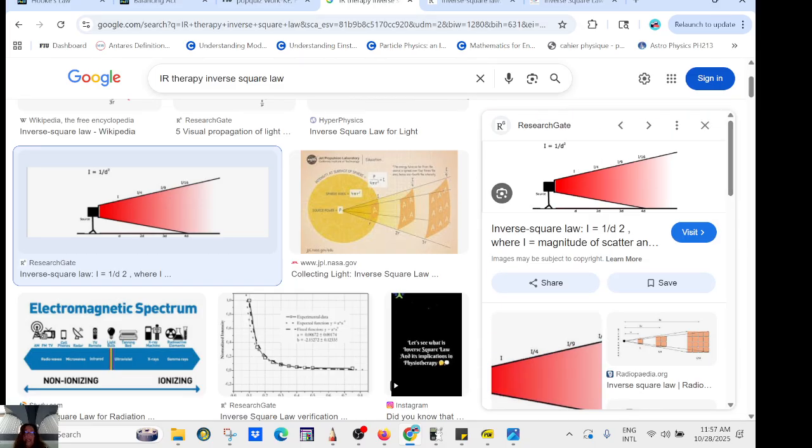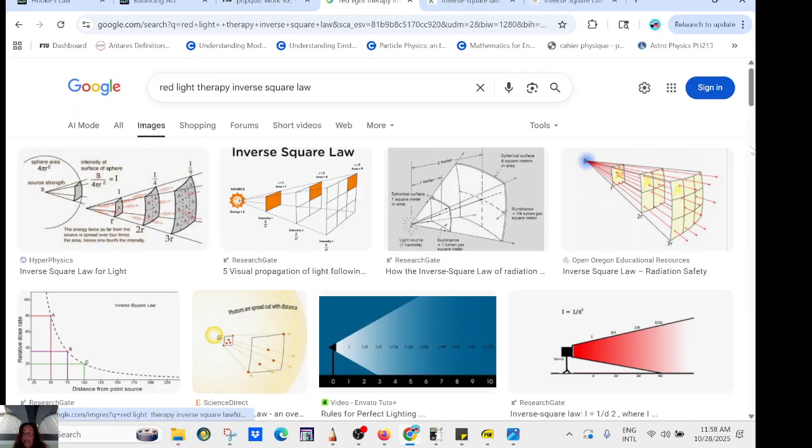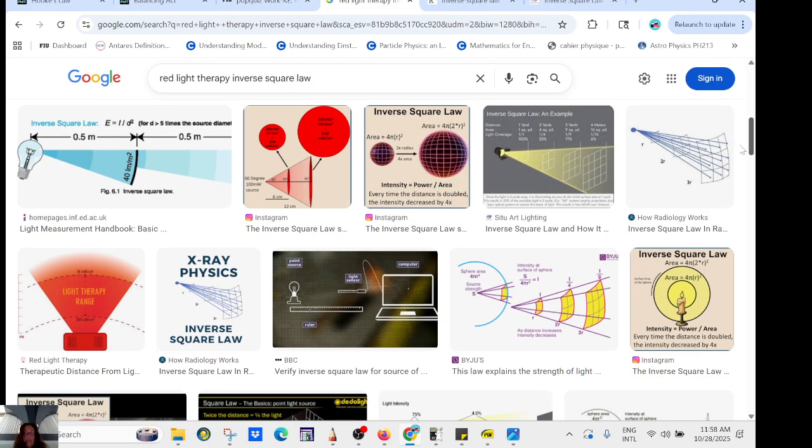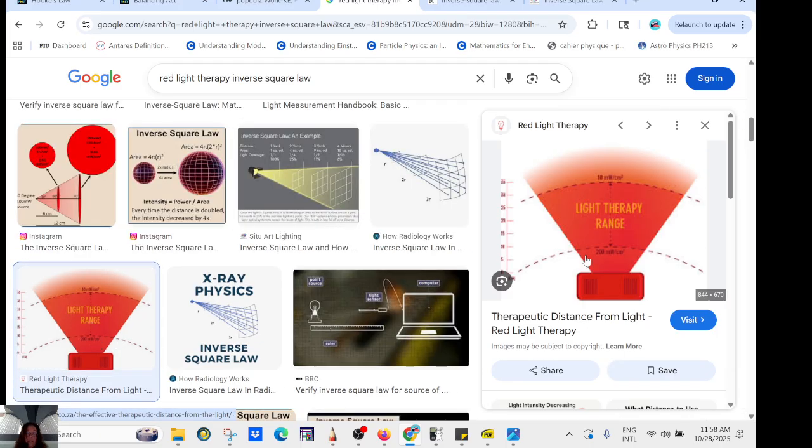So here it is. You can do the computation here. At that distance here, you're going to get less red light. So maybe you want to adjust depending on what you want to get.